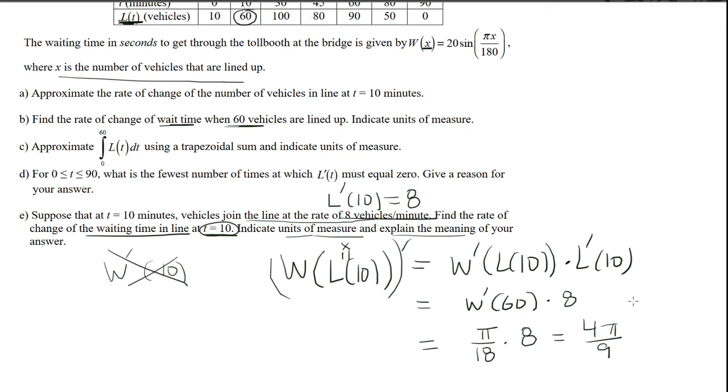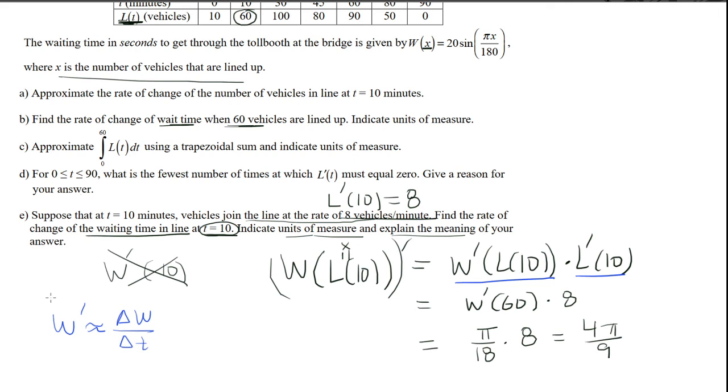Now, what are the units? Okay, so this one we have to be very careful. We're multiplying 2 things. W prime is basically change in W over change in time.